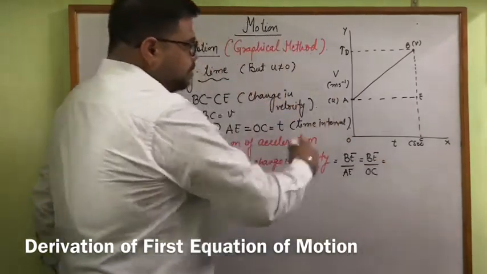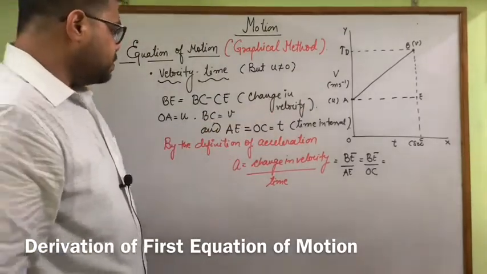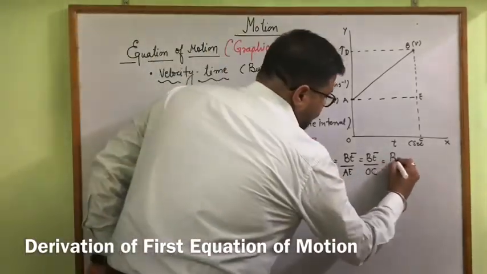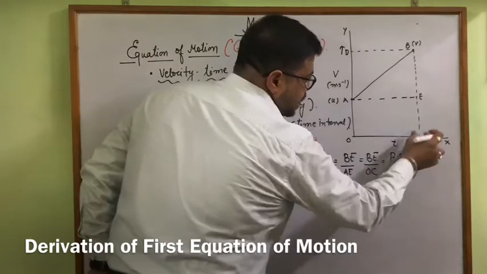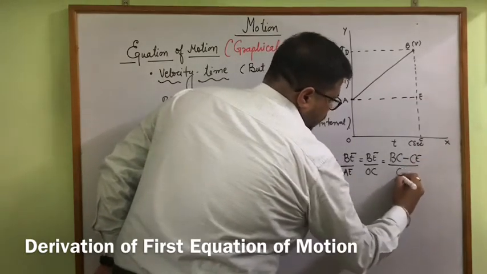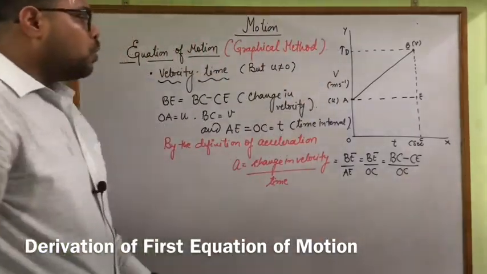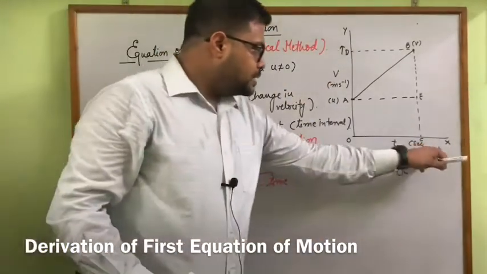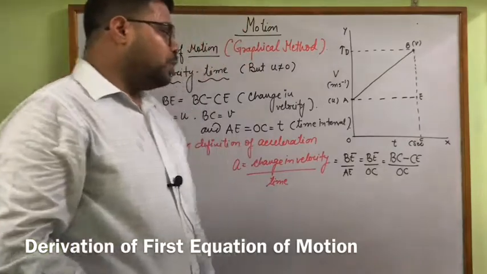This BE we already stated, we can write BC minus CE upon OC. Now look at the graph, this CE will also be equal to OA.